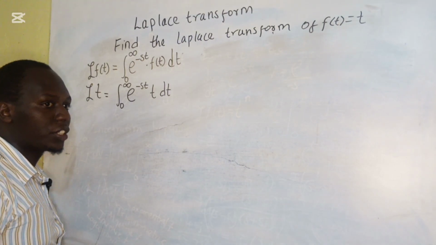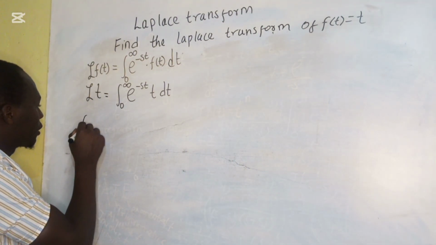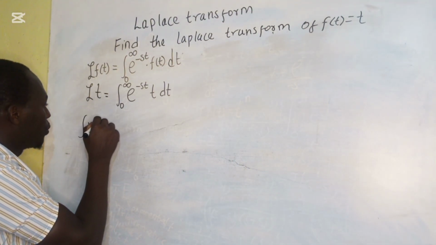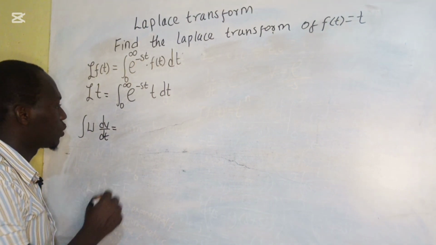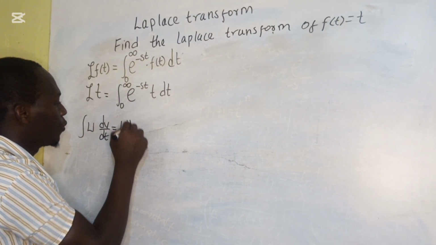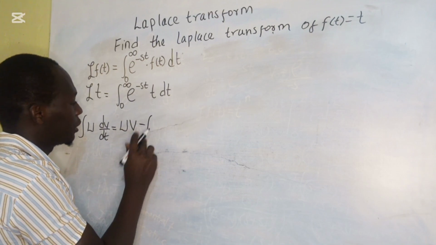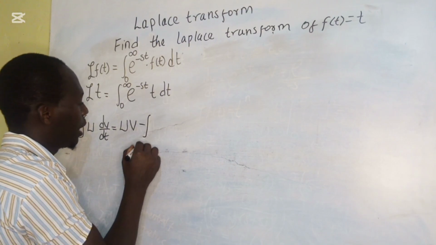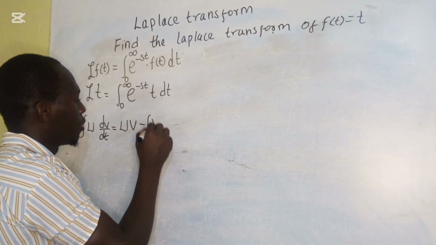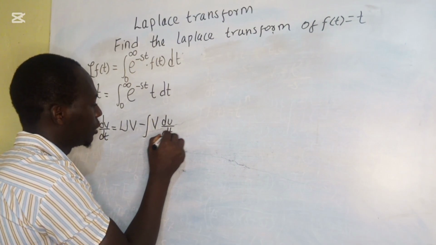When it comes to the integration by parts formula, we know that the integral of u dv with respect to dt is equals to uv subtract the integral of v du with respect to dt.